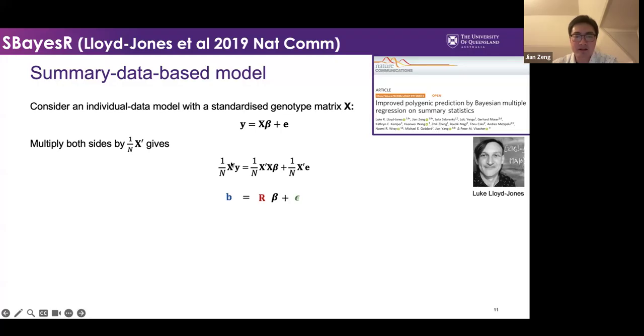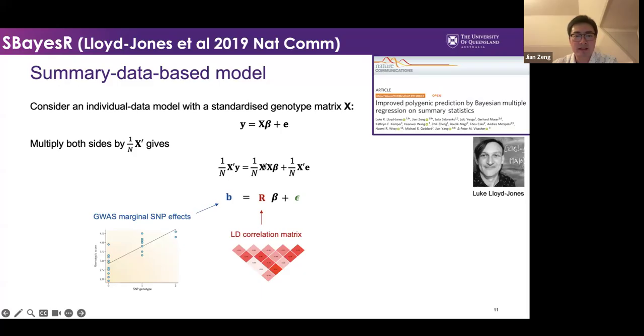You might recognize that the left-hand side of this equation is the GWAS marginal SNP effect b, and the middle part, 1 over n X prime X, is the LD correlation matrix that you can calculate from an independent reference sample.